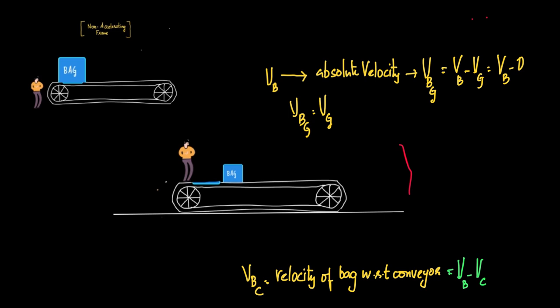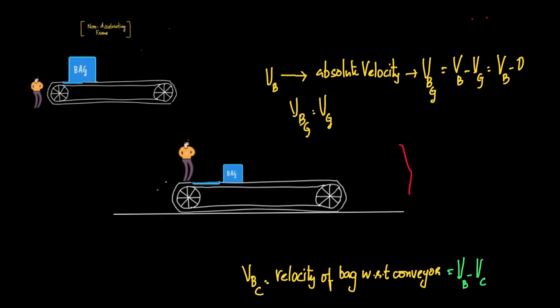We'll try to solve the question by looking at the non-accelerating frame. So this was the non-accelerating frame, where the person was on the ground. Now we have the accelerating frame where the person is on the conveyor belt, and the bag as well, both of them moving together on the conveyor belt.